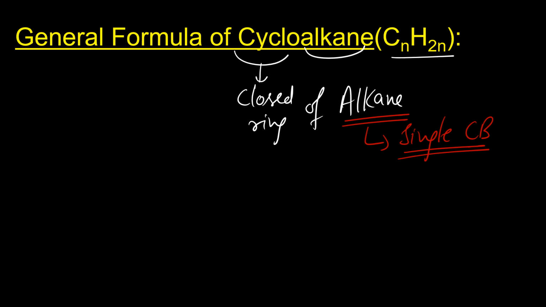Yes. Now let's see what type of molecules we get from this general formula. Let's substitute the value n=3, because the minimum cycloalkane, or the smallest closed ring, is with n equal to 3. So it's going to be C3H(2 times 3), which gives you C3H6.